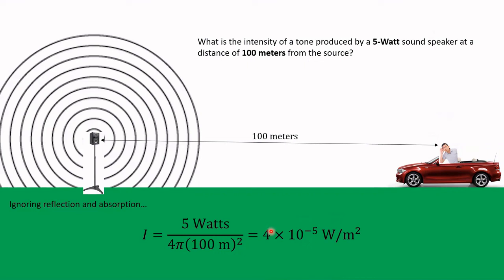What do you call a micro, right? 40 microwatts per square meter. And that tells you that the human ear is very sensitive if it can detect such small intensities. We're going to see that the human ear is capable of detecting intensities much lower even than that. In fact, I think the threshold for hearing is something like 1 trillionth of a watt per square meter. And so the human ear is a very sensitive organ indeed.